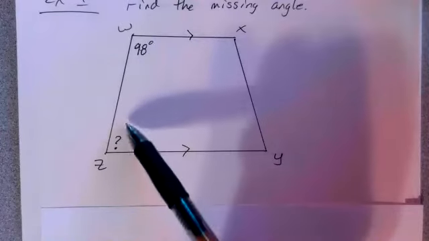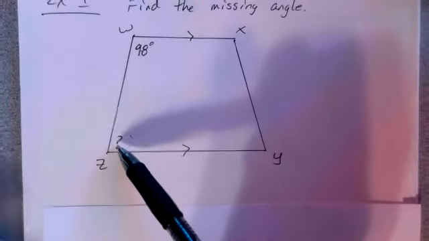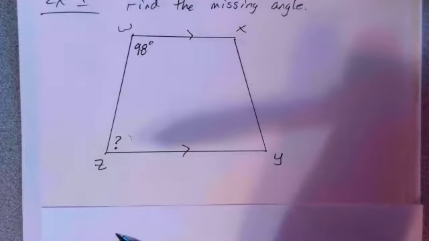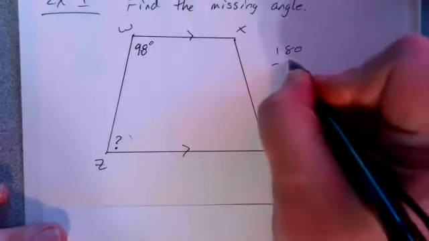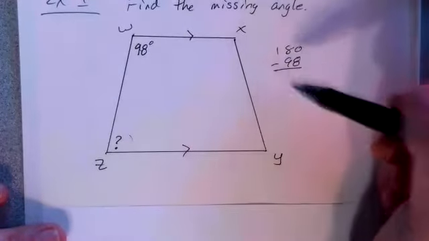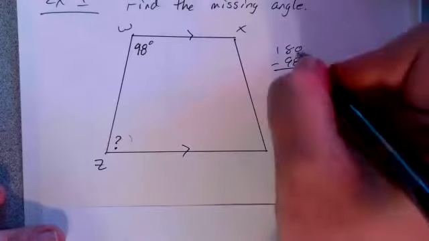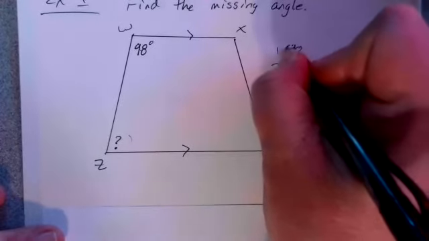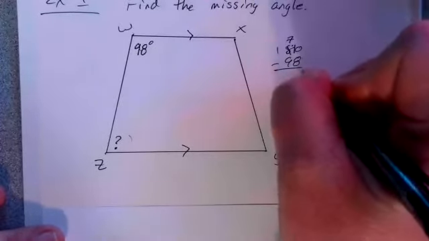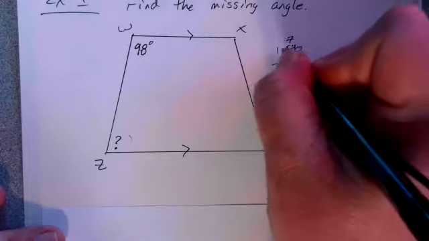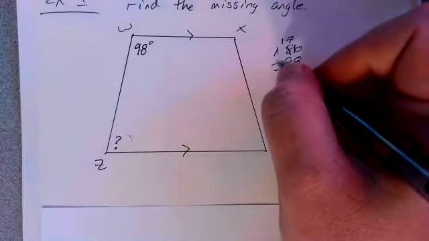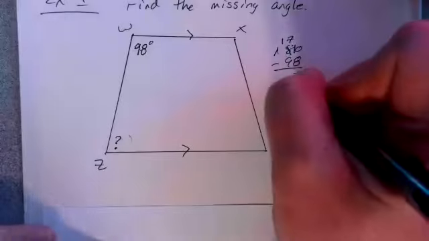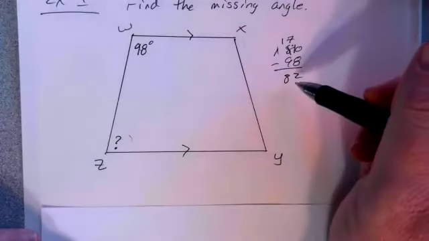So 98 degrees and this together have to add up to 180. So simply put, we can just say 180 minus the 98 gives us, man, I gotta borrow. I hate borrowing. It is my least favorite thing to do. So 10 minus 8 is 2, 7 minus 9, I gotta borrow again. 17 minus 9 is 8. So 82.